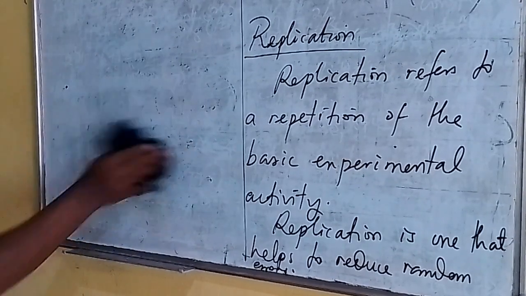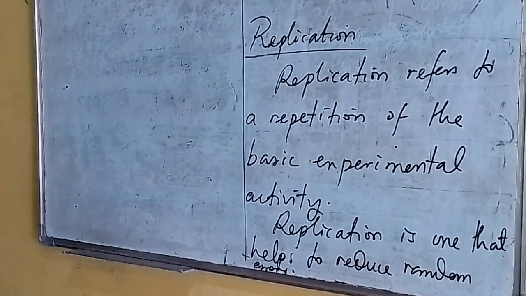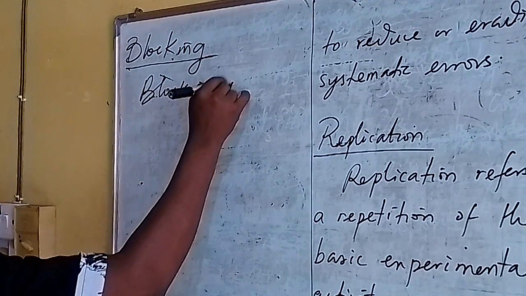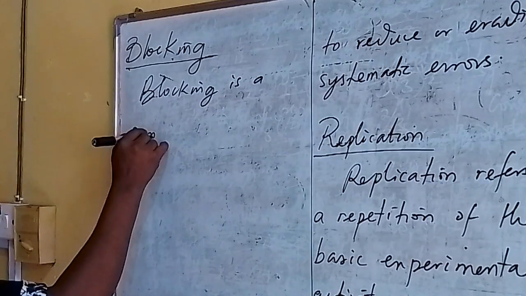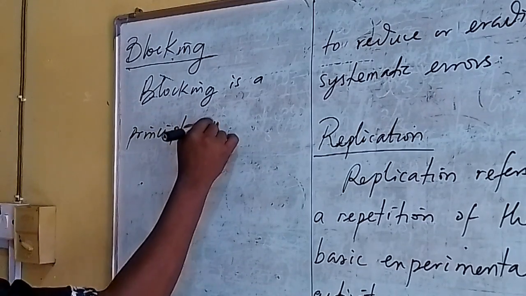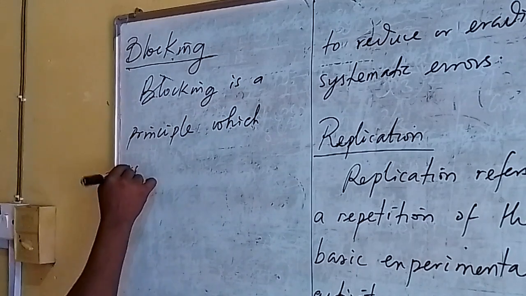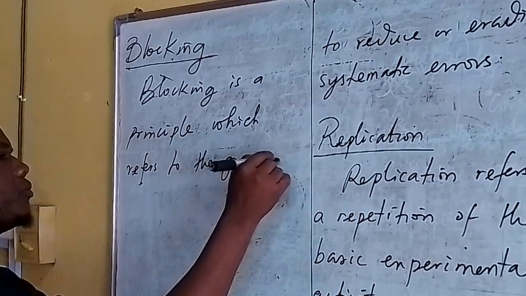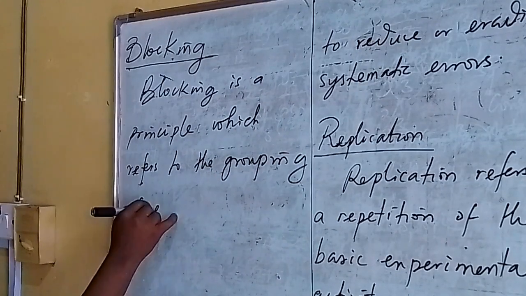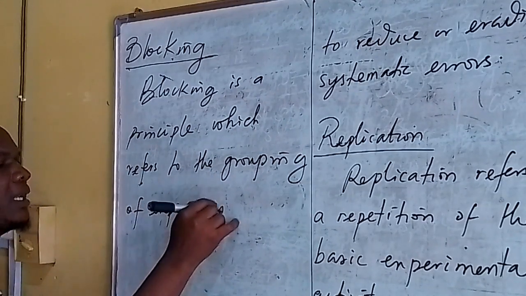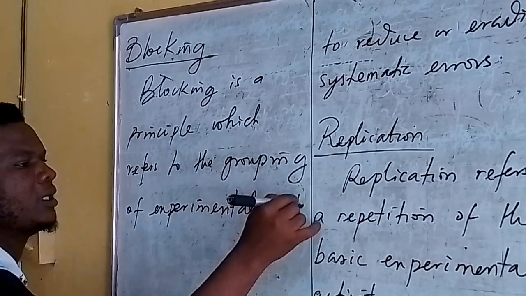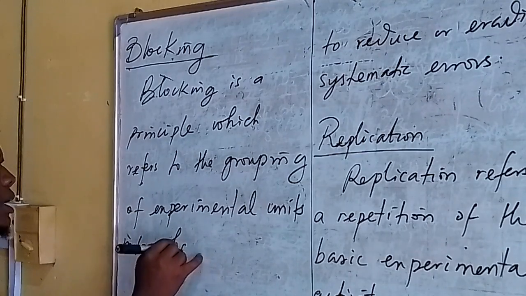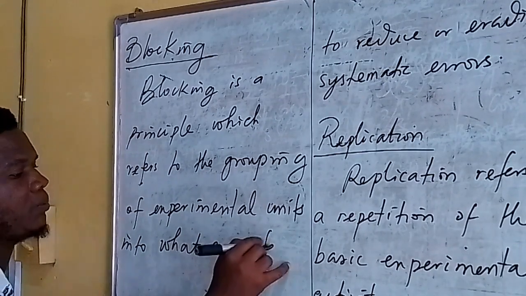So the question is, what does blocking do? So blocking is a principle which refers to the grouping of experimental units into what are referred to as blocks.